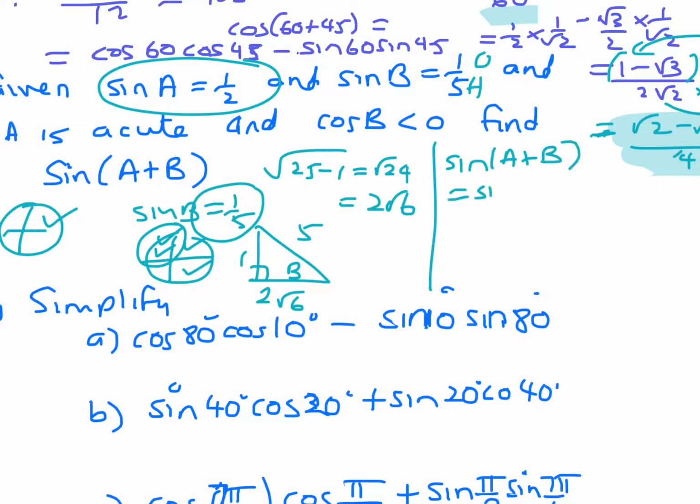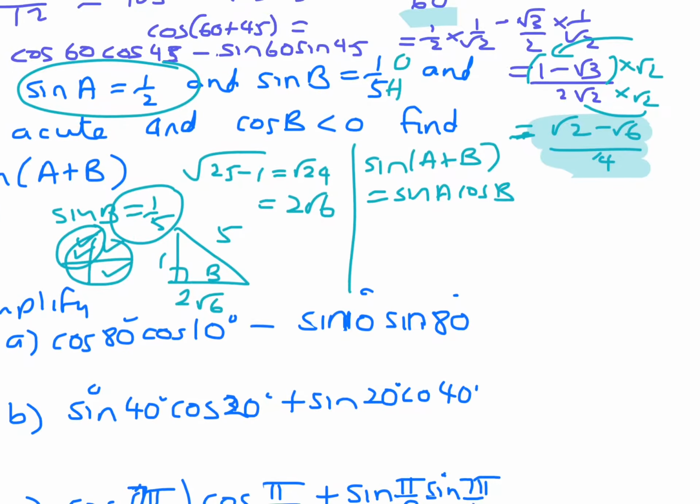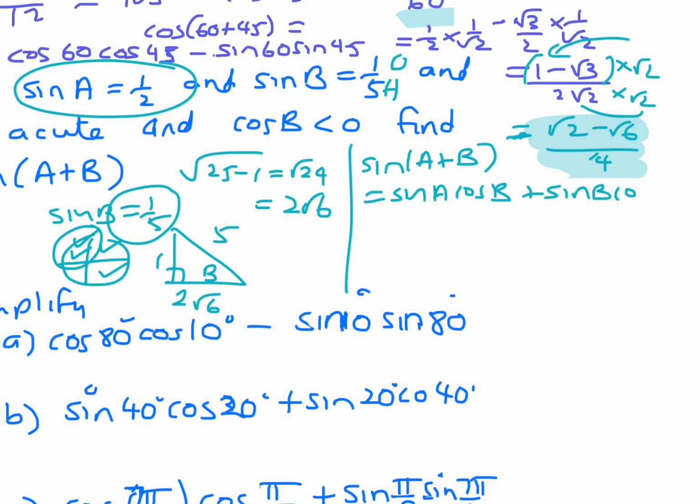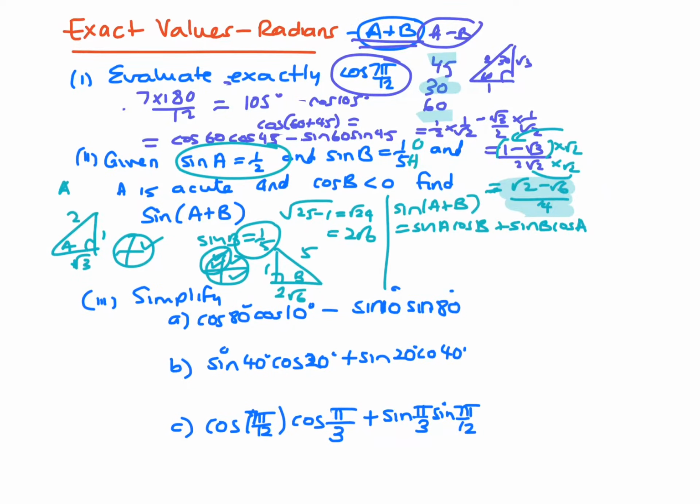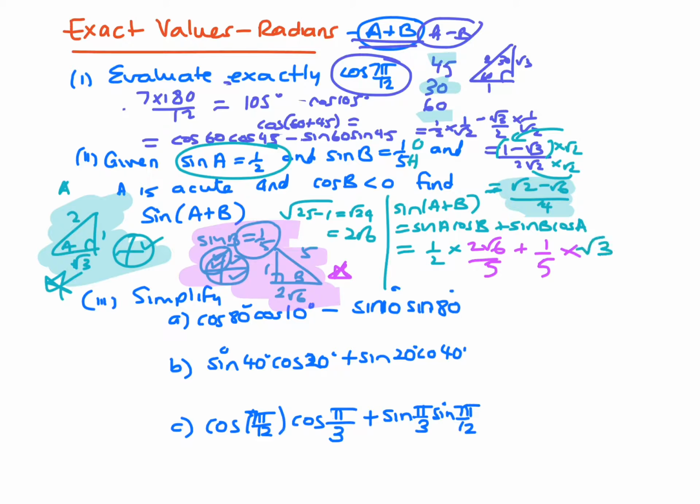Okay, so now what we're interested in doing is finding sine A plus B. So sine A plus B, sine goes to sine A cos B, and sine keeps the same sign, so it's sine B cos A. So if you look at those triangles, sine A, using the sine triangle over here, is equal to 1 on 2, and cos B, so the B triangle's here, so cos B is 2 root 6 over 5, plus sine B, using this triangle again, that's 1 on 5, cos A, and cos A using this triangle over here would be root 3 on 2.